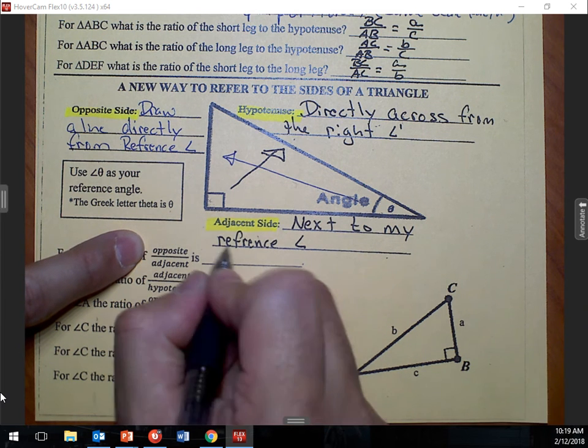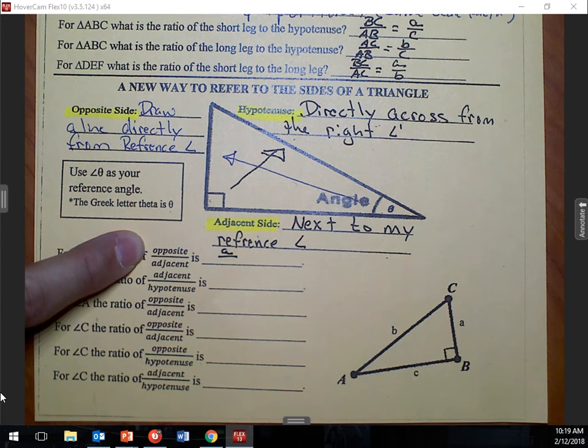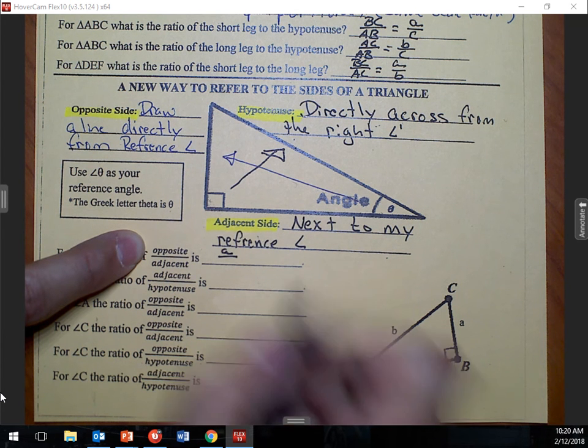Very good. So it's going to be little a over... Which one is adjacent to little a? Little b? No. What is little b? Oh, little c. Little b is the hypotenuse, so it can't be the adjacent. So the adjacent has to be c. There we go.